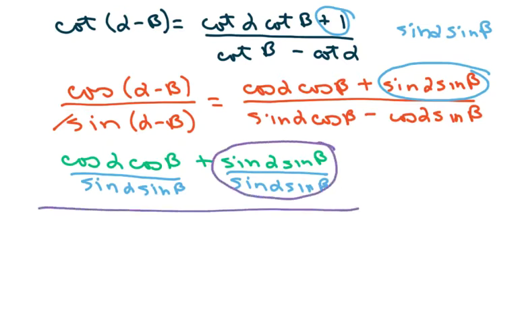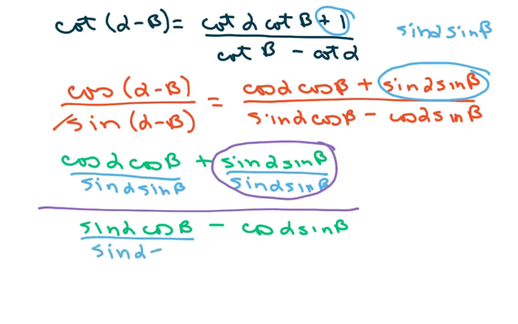Now let's do it again for the denominator. I'm going to copy my denominator. I have sine of alpha cosine of beta minus cosine of alpha sine of beta, and we divide everything by sine of alpha sine of beta.